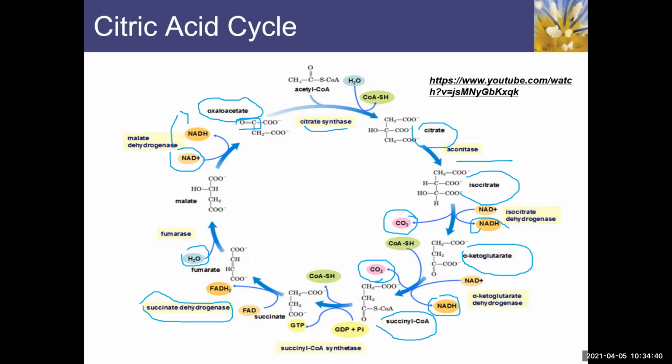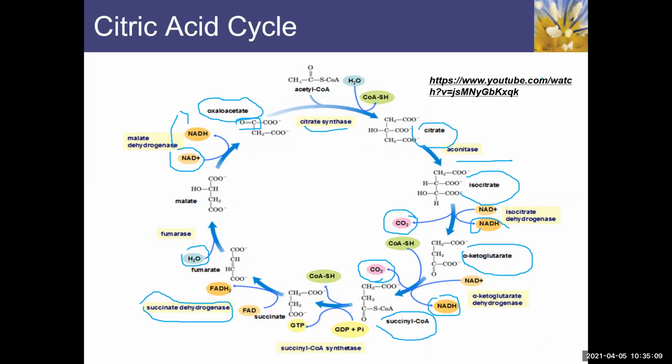What is the outcome of the TCA cycle? What do we produce at the end of the TCA cycle? Ladies, boys, everyone. 6 NADH, 4 CO2. Okay, very good. 2 FADH2, very good.